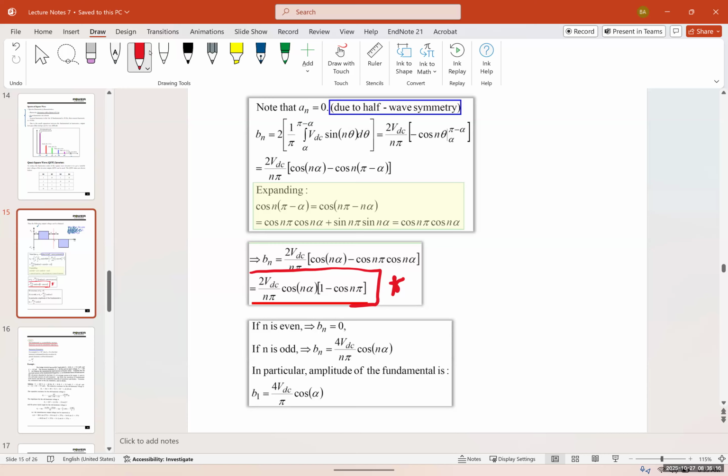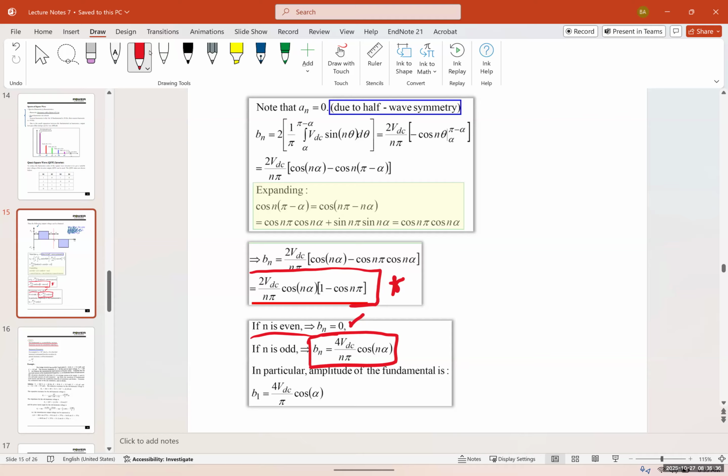So if n is even, Bn would be 0. And if it is odd, therefore, Bn would be 4Vdc over n pi cosine of n alpha.